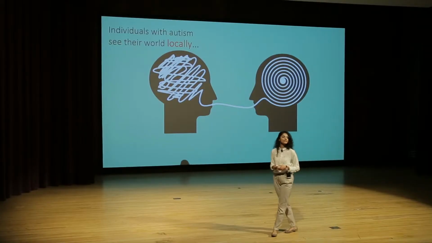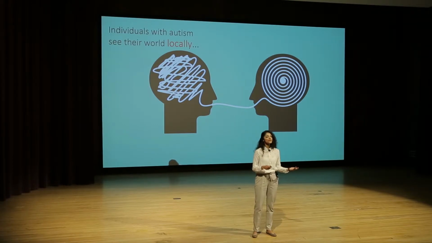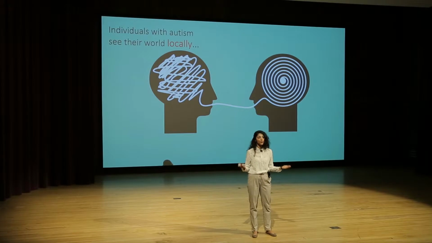So you can imagine that individuals who see their world locally may have difficulties with social interactions. And this is what we see in autism. Individuals with autism see their world more in pieces than putting those pieces together to create the whole.